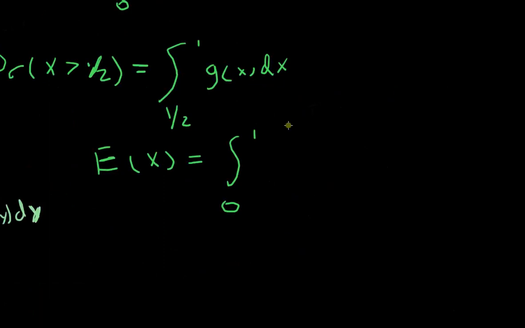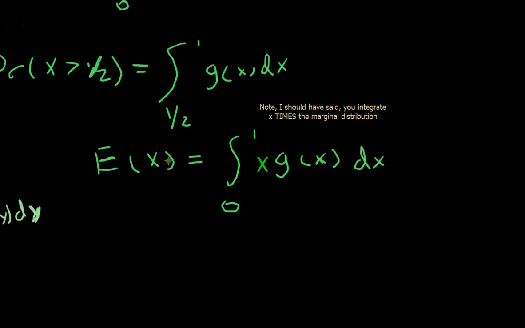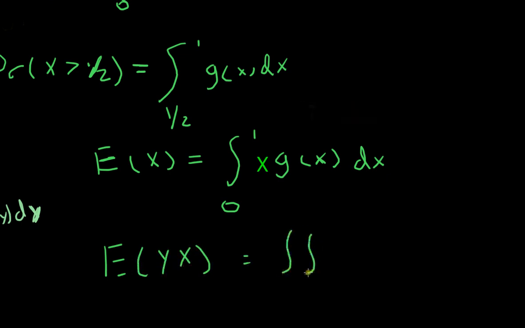If it involves only x, then you integrate only the marginal distribution. If it involves x and y, so an expected value of x and y, then you need to integrate over x and y. Okay, dx dy. So you should feel comfortable doing all of these things.